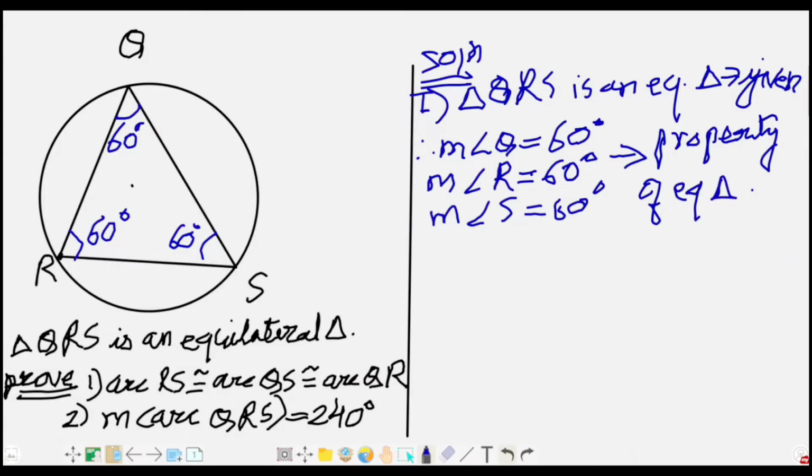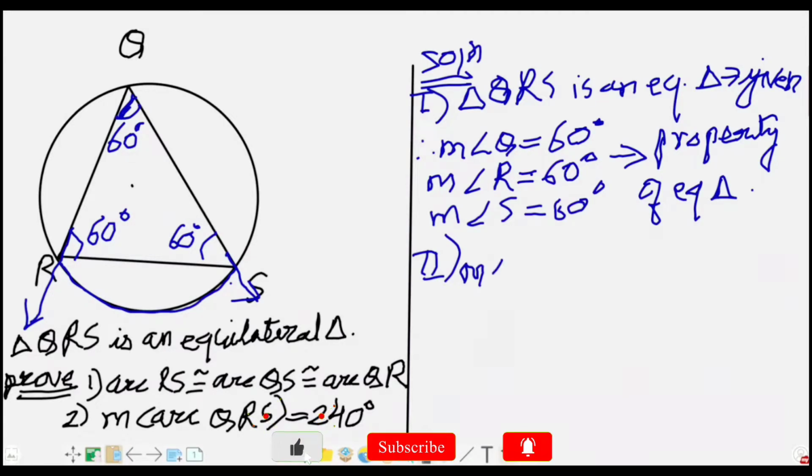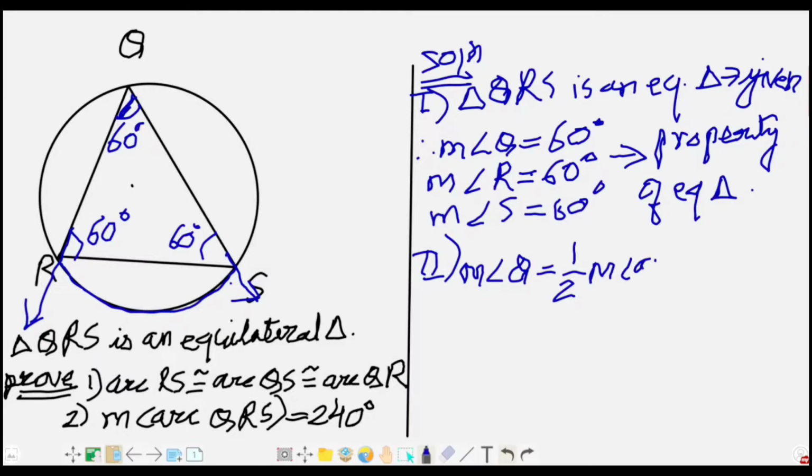Now, when you look at the figure, if I extend both the sides, then this is an inscribed angle and it has an intercepted arc. So the measure of angle Q is half of its intercepted arc RS. This we have done in the previous video.